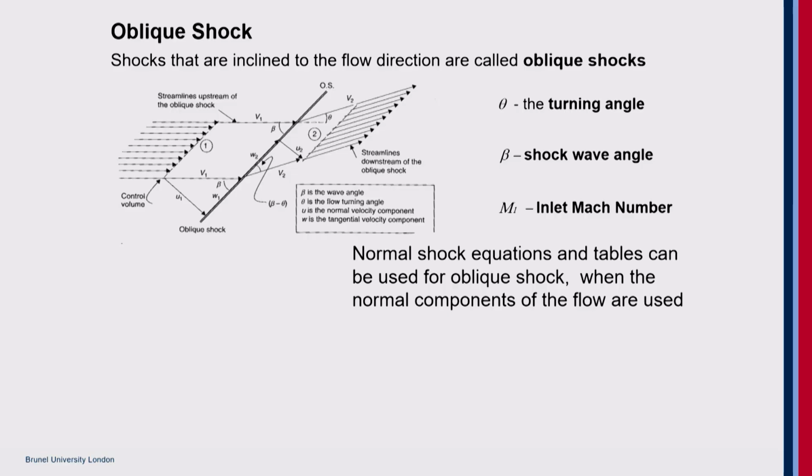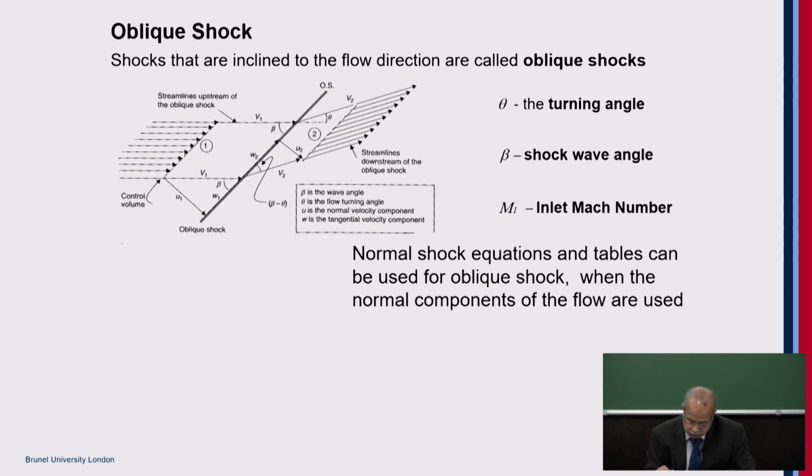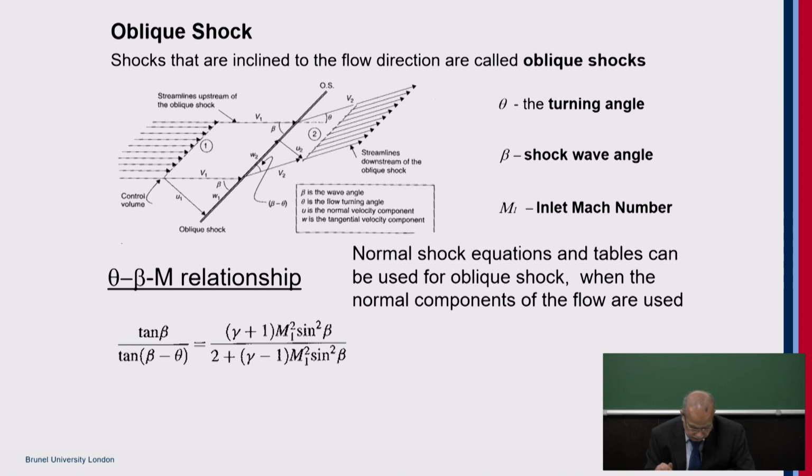So this is what we've been looking at from the theory point of view. There is a flow turning angle theta and the shock wave angle beta and the inlet Mach number. This is the M-beta-theta relationship which we have derived, and in the limit of theta tending to 0, there are two possible solutions: either it could be a normal shock wave, or it could be a Mach wave.